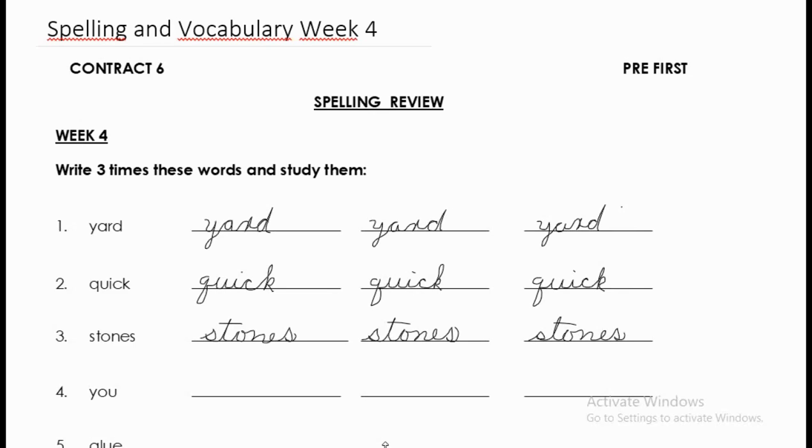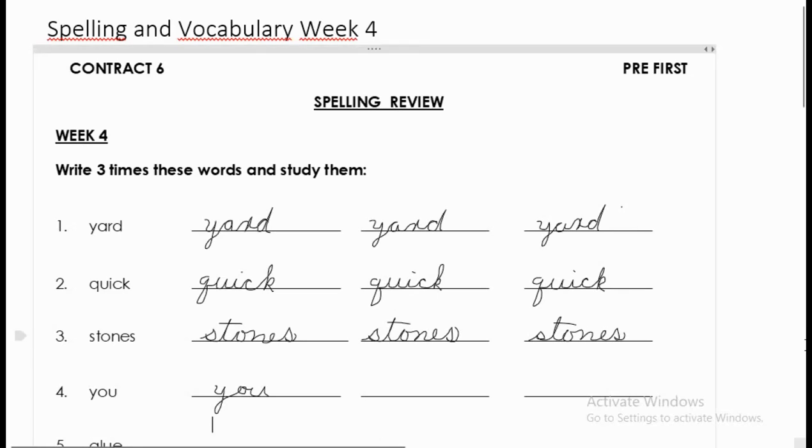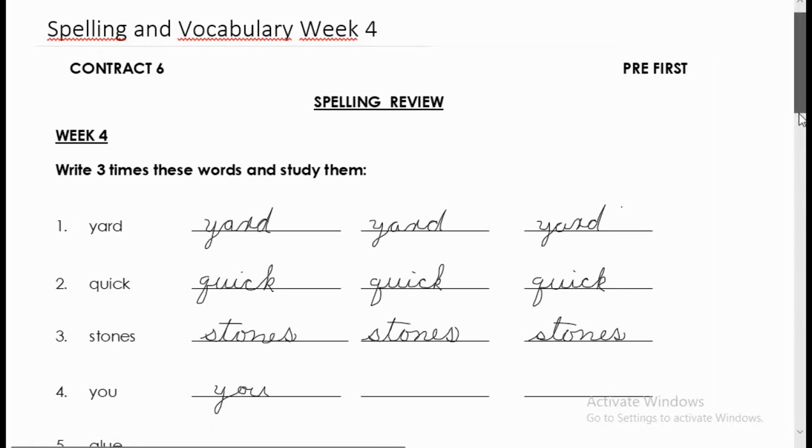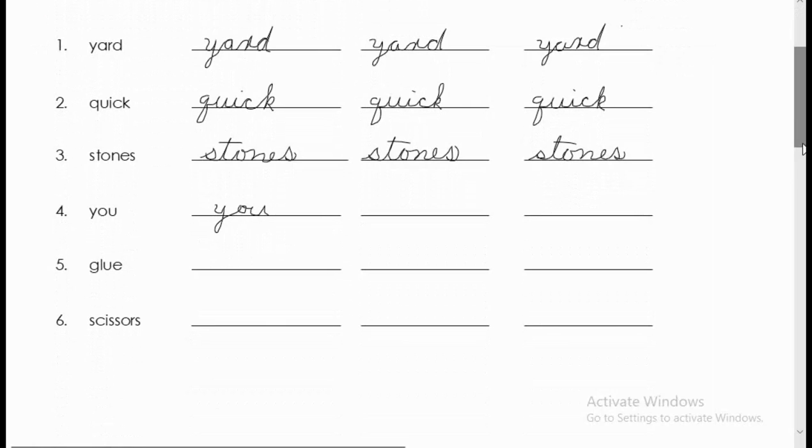Let's move on to the number 4 and we write you. Okay, let me scroll down my screen. Okay, in the second line we write you, and in the last line we also write the word you.